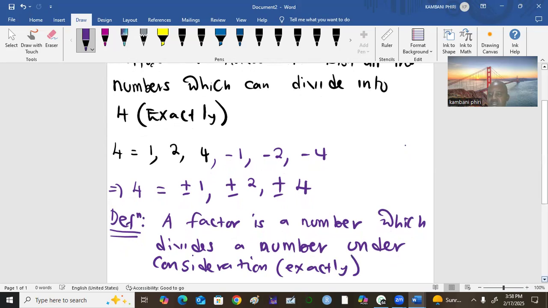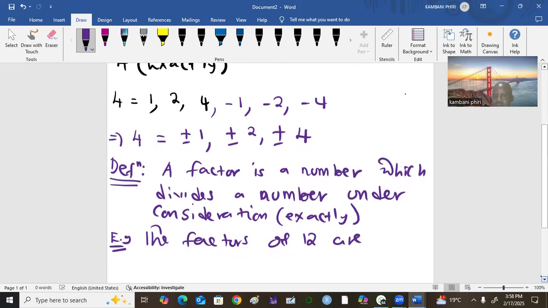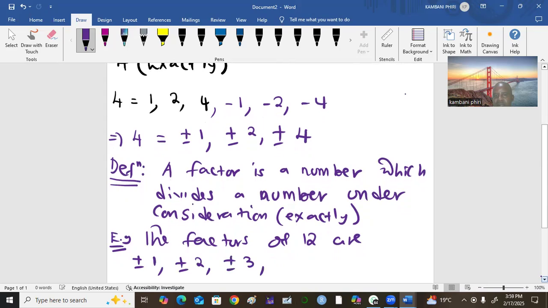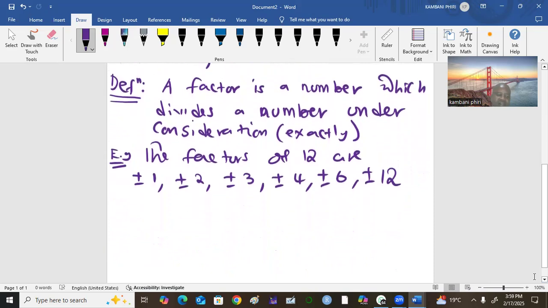All right. So that is a factor. E.g., the factors of 12 are plus or minus 1, plus or minus 2, plus or minus 3, plus or minus 4, plus or minus 6, plus or minus 12. Those are our factors.